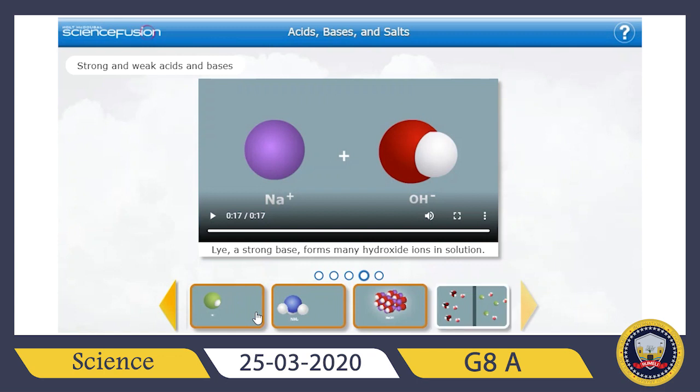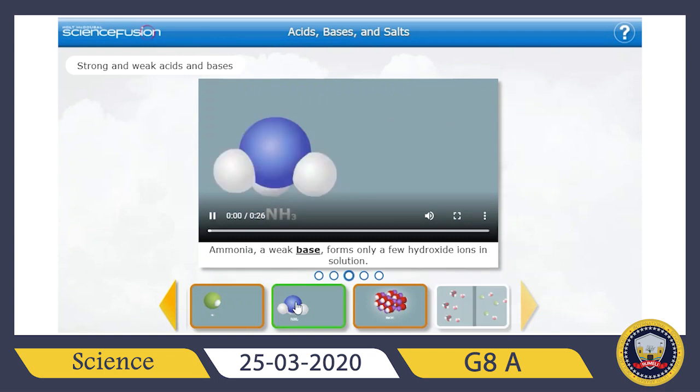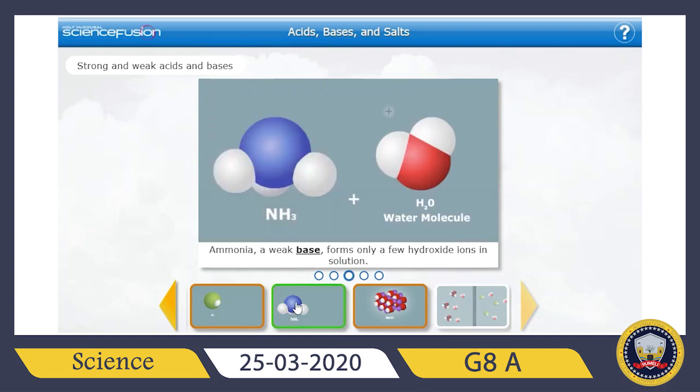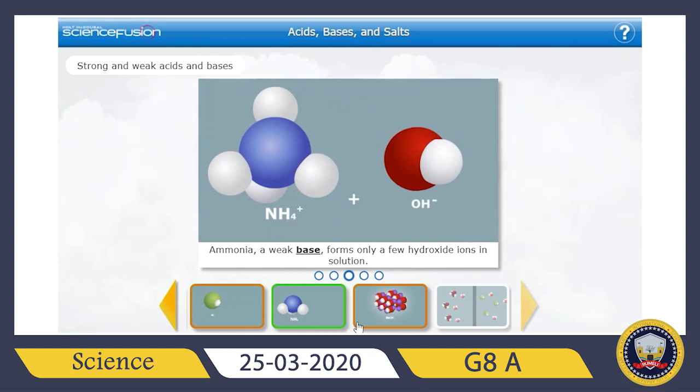If a base can increase the number of hydroxide ions, we call it a strong base. If it is not that successful at this job, we call it weak. So basically their job is increasing these ions. If they are successful, they are strong. If not, we call them weak.